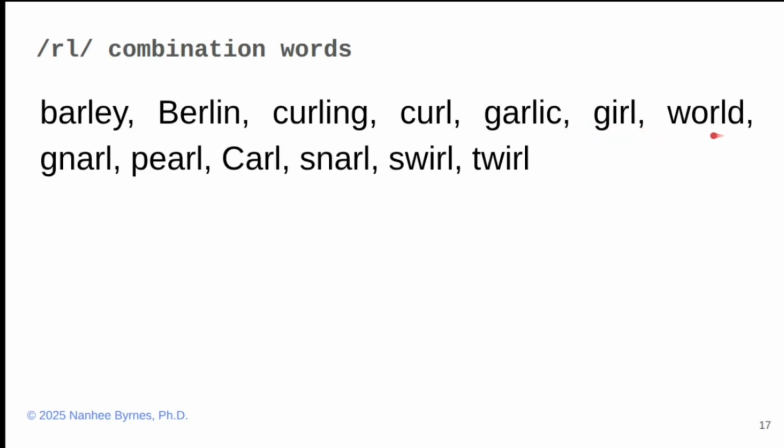World, world. Gnarl, gnarl. Pearl, pearl. Carl, carl. Snarl, snarl. Swirl, swirl. Twirl, twirl.